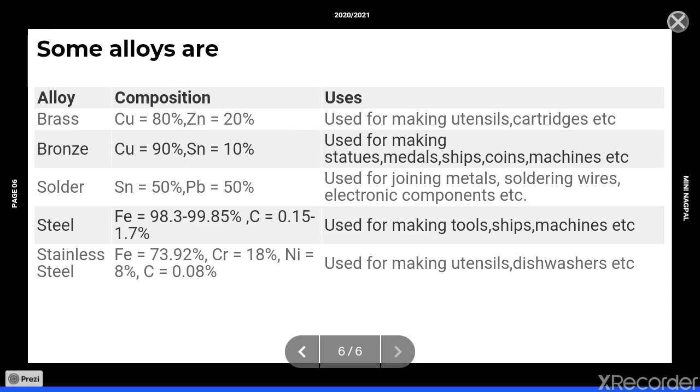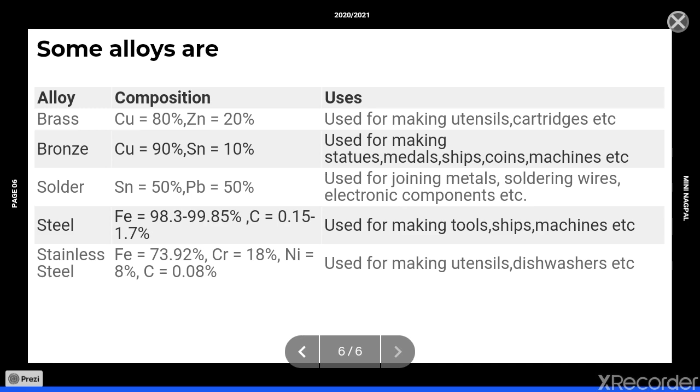Brass is made up of two metals, copper and zinc. Bronze is made up of copper and tin, and it is used for making statues, medals, ships, coins, machines, etc. Solder, as I just gave an example, is an alloy of tin and lead, and it is used for joining metals, soldering wires, electric components, etc.